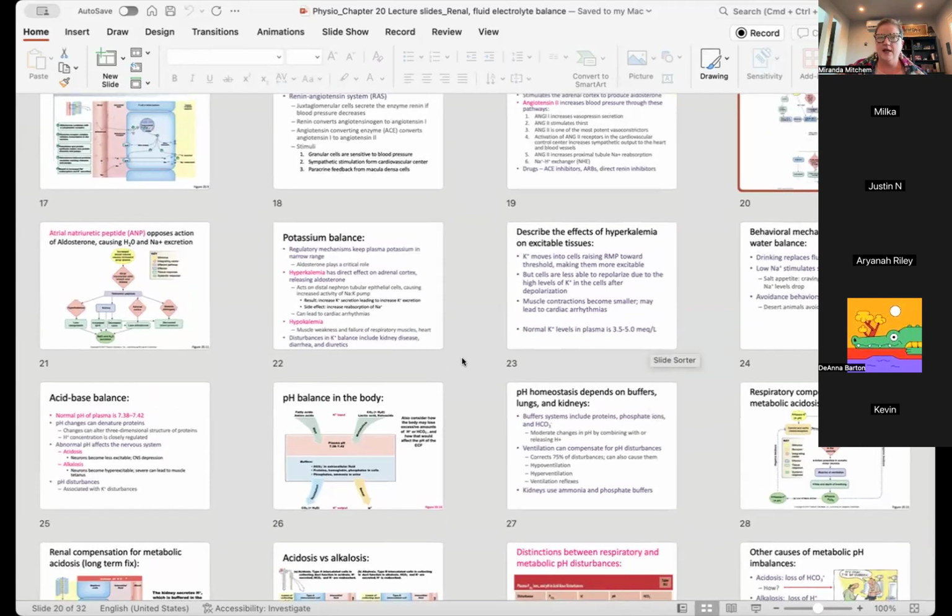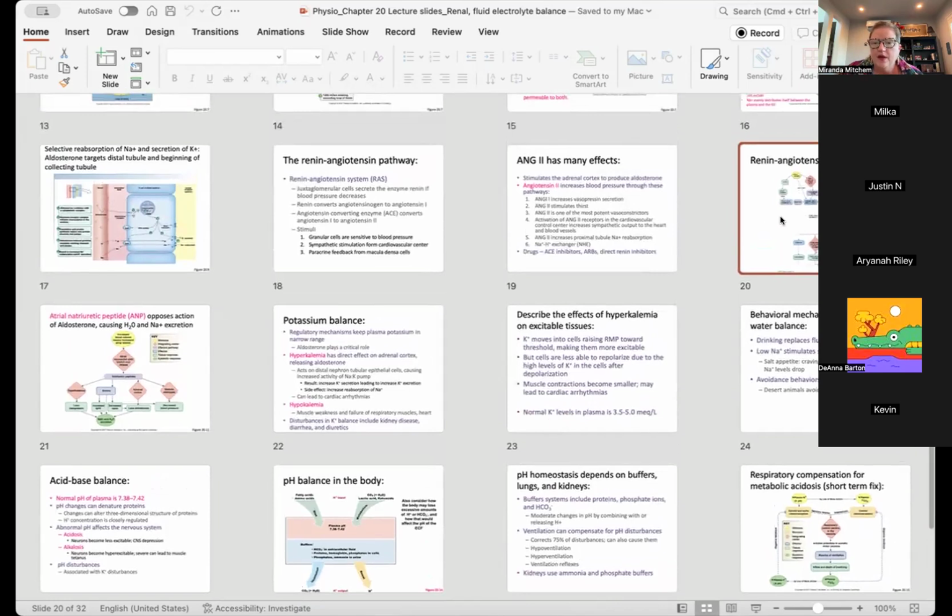Any questions on any topics so far? I'm just looking at the chat. Does vasopressin have any relation to cortisol? It does, in the sense that both are on a circadian rhythm.